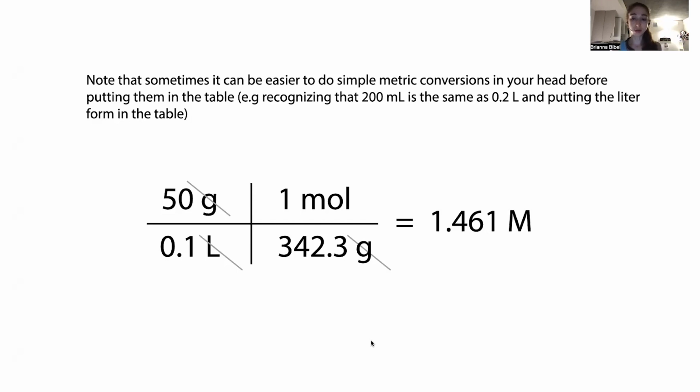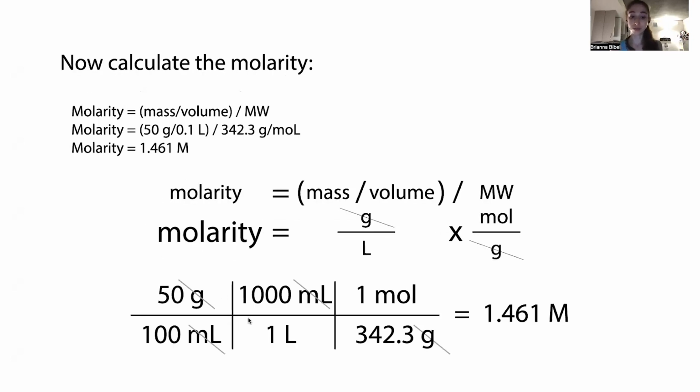As I mentioned before, sometimes it's easier to just do some of the conversions in your head before putting them in the table. It makes things a little cleaner. So if you recognize that 100 milliliters is the same as 0.1 liter, because there are 1,000 milliliters in a liter, this is going to allow you to just put in your volume in terms of liters, rather than having to stick it in terms of milliliters and then use this conversion factor in your table, which then makes your table a little longer and potentially harder to read.